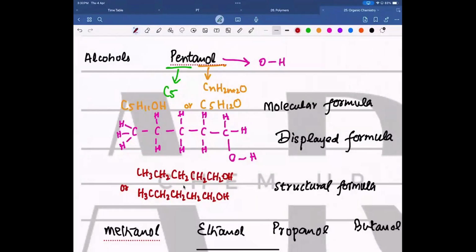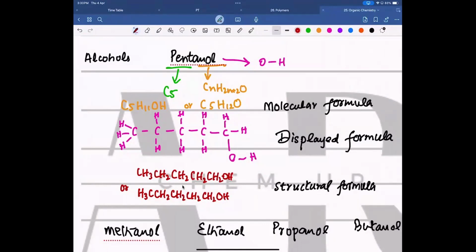If you are making the displayed formula, from the carbon you will put the bond, then O, then put the bond, then H. Okay, do these quickly. The four: methanol, ethanol, propanol, butanol.